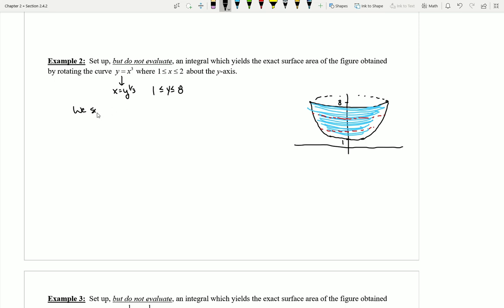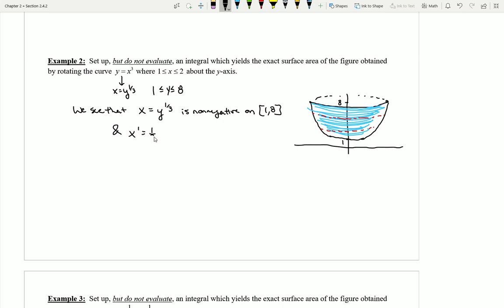So I'll start by saying we see that x equals y to the 1/3 is indeed non-negative on the interval from 1 to 8, right? I only get positive outputs from this on the interval from 1 to 8, so that's good.